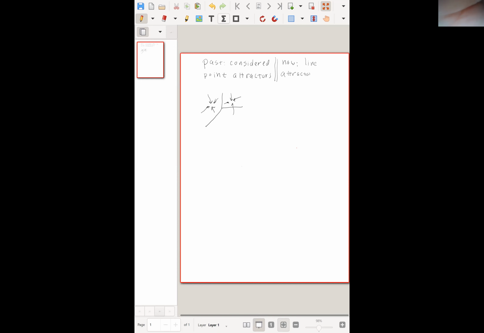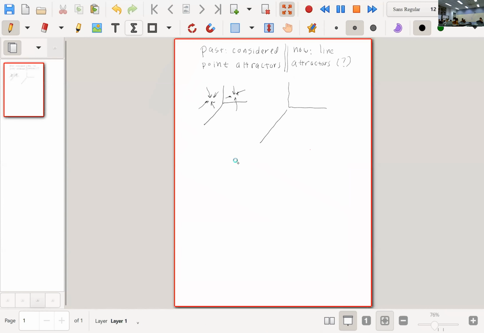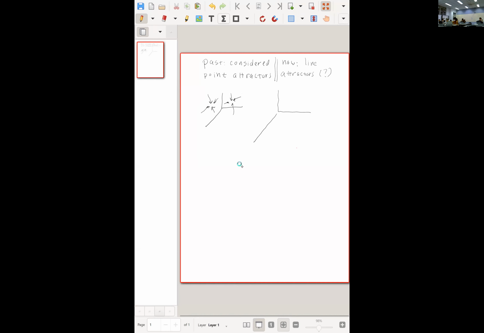And as we'll see, put a question mark there, instead of point attractors, we might want line attractors. It's basically an activity space.